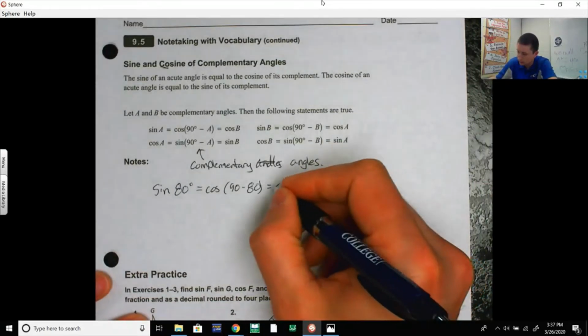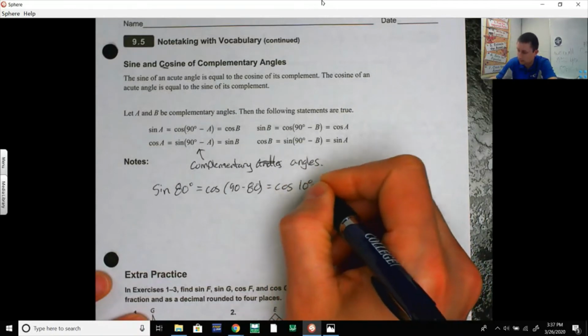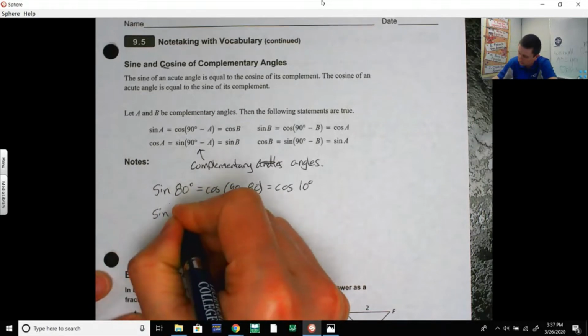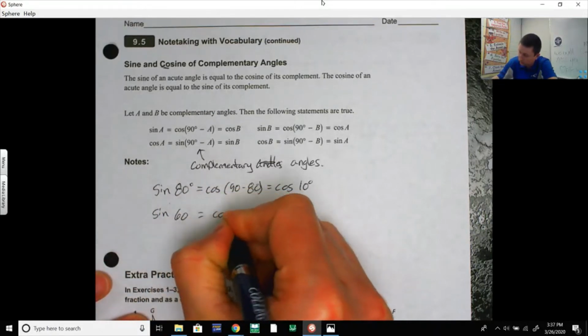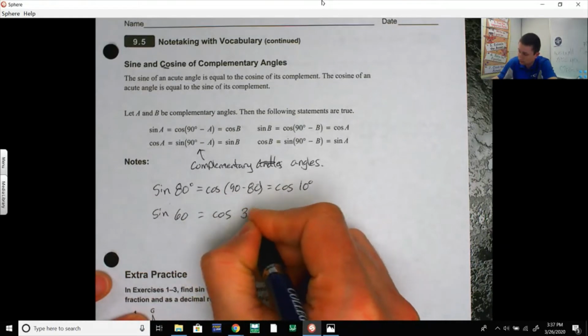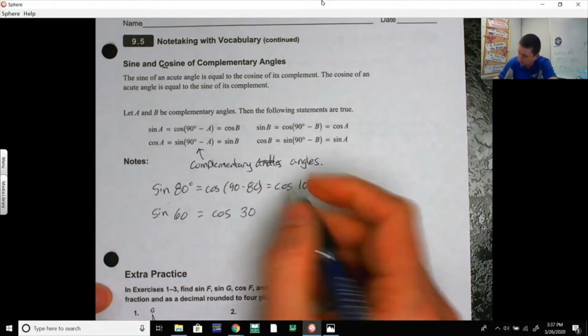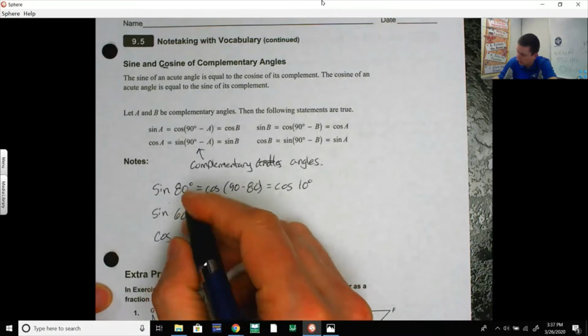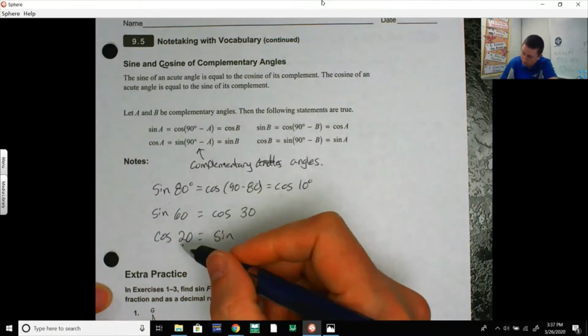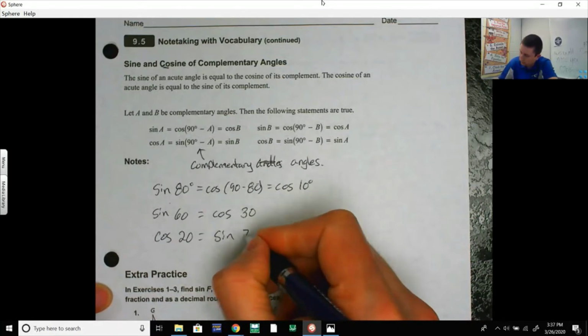So sine of 80 would be the cosine of 10. If you have the sine of 60, that would be the cosine of 90 minus 60, which is 30. It works both ways. Cosine of 20 would be the sine of 90 minus 20, which is 70. Those would be the same.